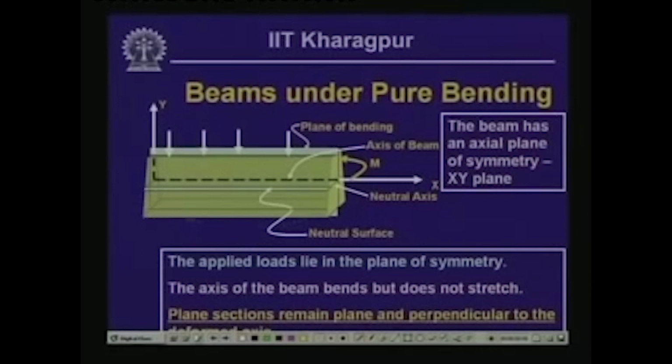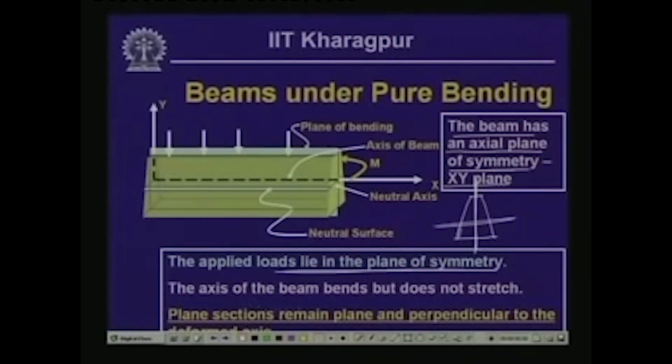This is a segment of a beam, the cross section of which is something like a trapezium, symmetrical with respect to the vertical axis and unsymmetrical with respect to the horizontal axis. Here we assume that the beam has an axial plane of symmetry, the xy plane is the axial plane of symmetry, and the loads which act on the beam lie in the plane of symmetry.